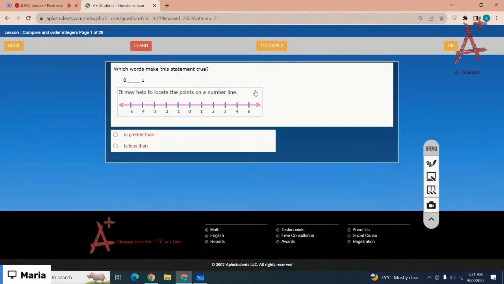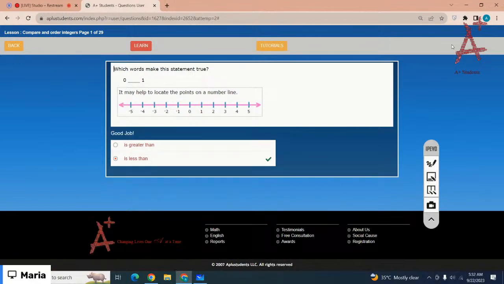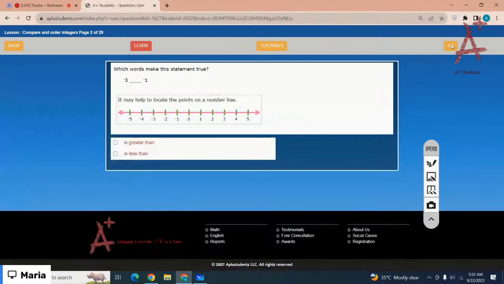Which is the correct option? 0 is less than 1. The correct option is 0 is less than 1. Both of the numbers are not positive. 0 is neither positive nor negative.